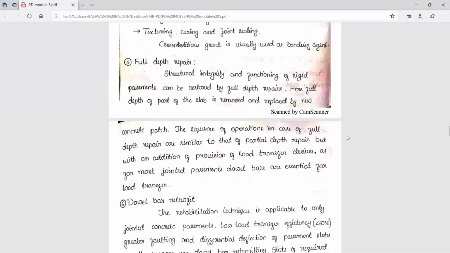The sequence of operations in case of full depth repair is similar to that of the partial depth repair, but with an addition of provision of load transfer devices. The opening time of the full depth repair depends on the attainment of the required strength. As conventional concrete is slow to gain strength, it is required to modify its properties to allow early opening.